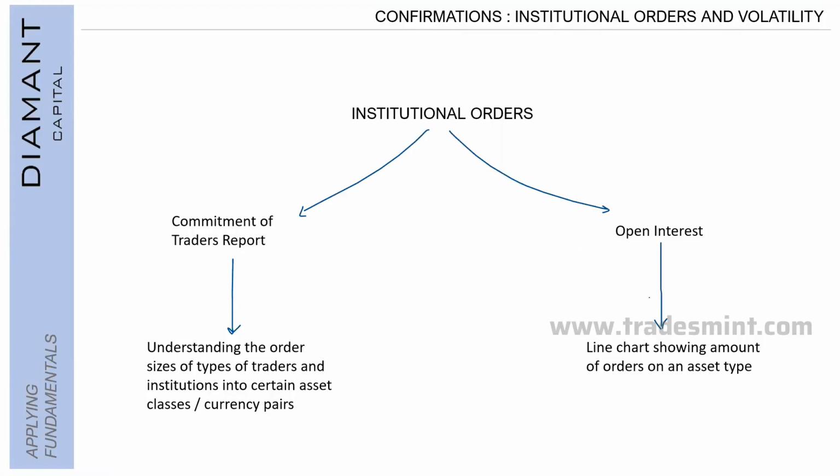If we're looking at the euro, for example, it will show how many orders have gone in for sales and how many have gone in for buys. Then open interest is simply a line chart showing the amount of orders on an asset type. Again, with the euro example, it's a line showing how many people were actually in trades at that moment.